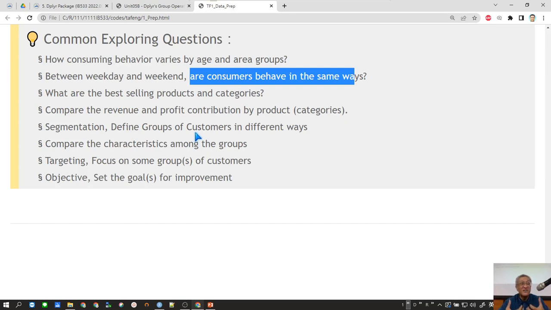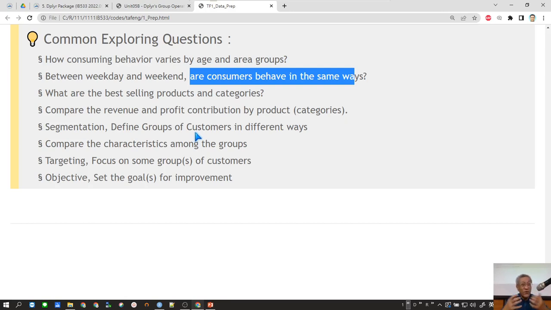Try to find some insight out of the transaction, out of customer, especially for customer, because that is important, right? And remember that customers can be grouped by age and by area, right? Okay.